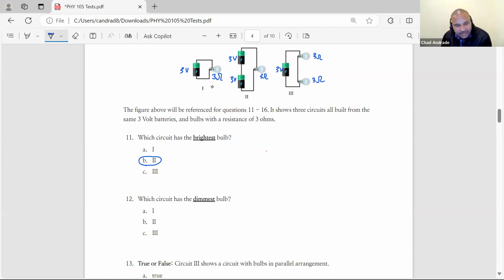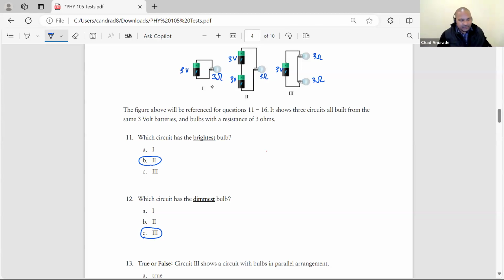All right, it is C, and let me tell you why, because circuit 3 has the most resistance on the path, right? Think of resistance as something impeding the flow of the current. You can think of it as traffic on Christmas Eve, on Black Friday, or I don't know what day to think of.